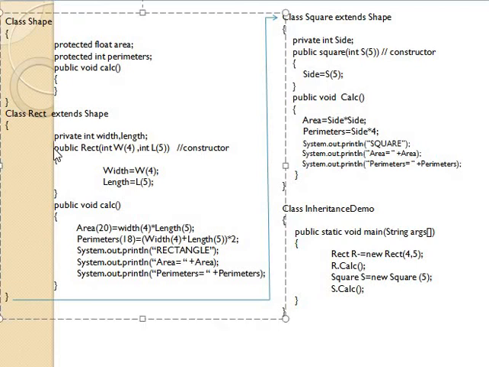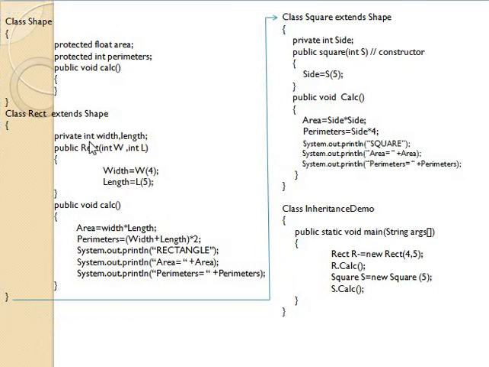Then there are two member methods. The first member method is rect, having two arguments w and l, and the second member method is void calc.